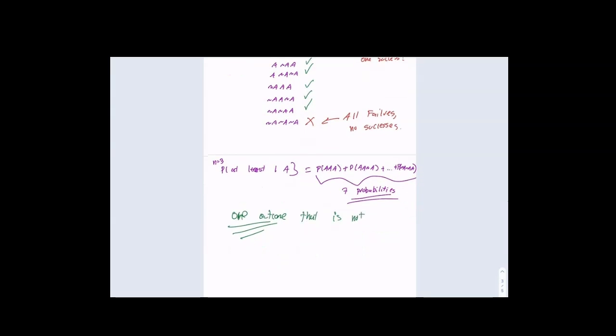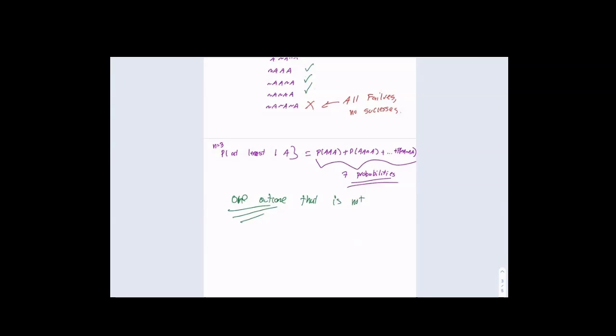Well, if I add those 7 probabilities with the probability of the single instance that doesn't happen, then I would get the same answer. So as such, we can take the complement to all failures.